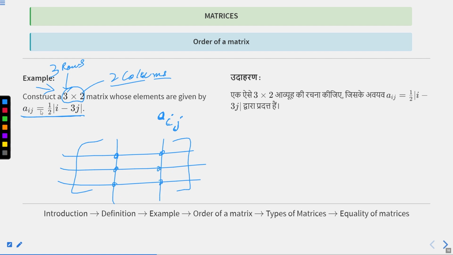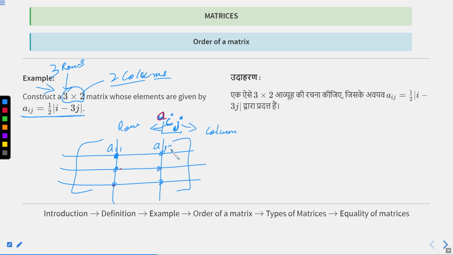And how are we supposed to know what entry it will be? This or this? That information is inherited in this ij. This means the row and this means the column position. So this is the ith row and jth column. In general, this will be A11, first row, first column.